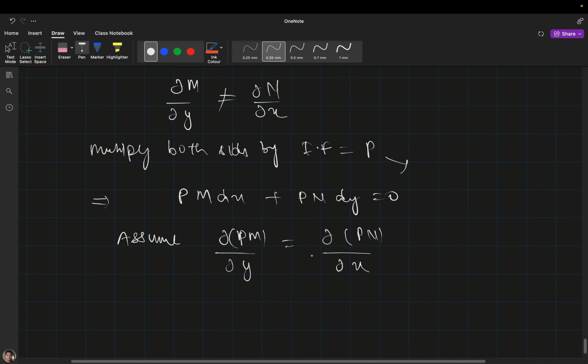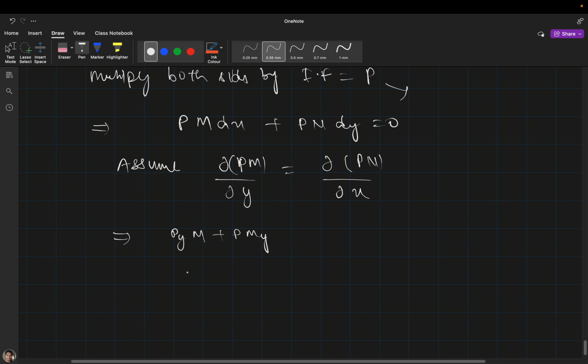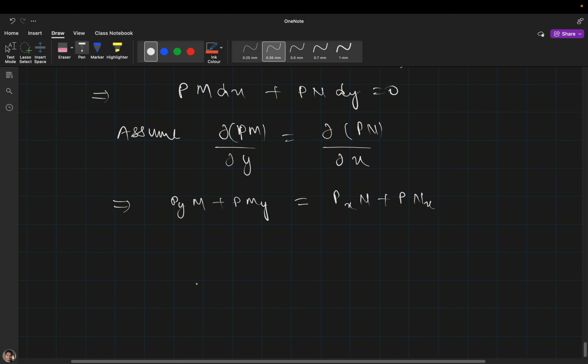I will use the product rule: Py M plus P My. Py is a subscript, which means I am differentiating P with respect to y. Similarly I will write Px N plus P Nx. So this is the condition.